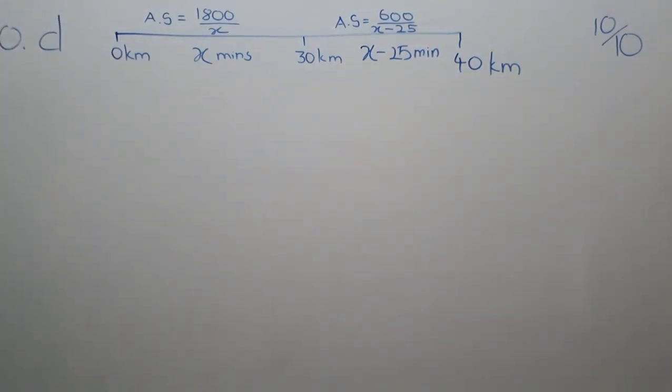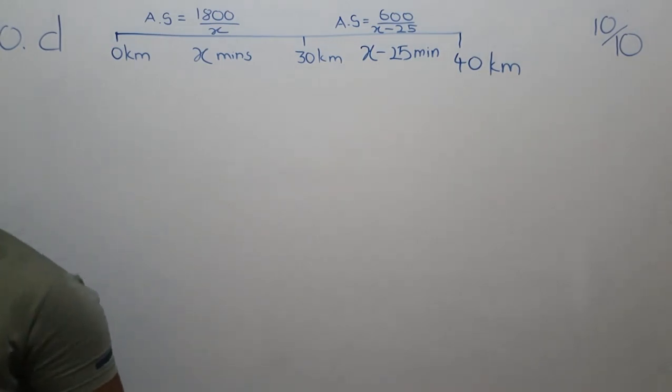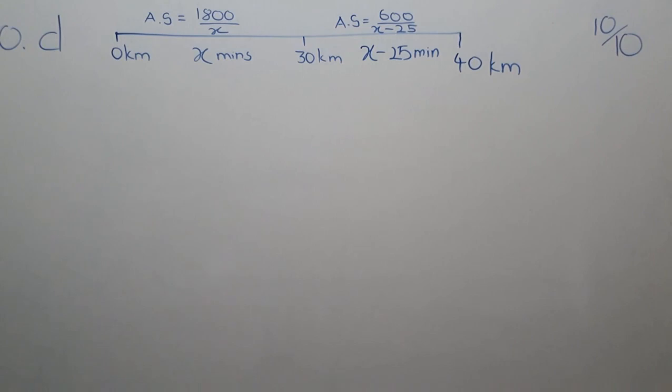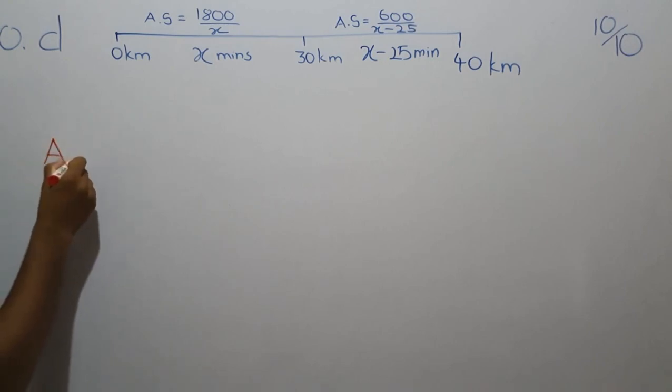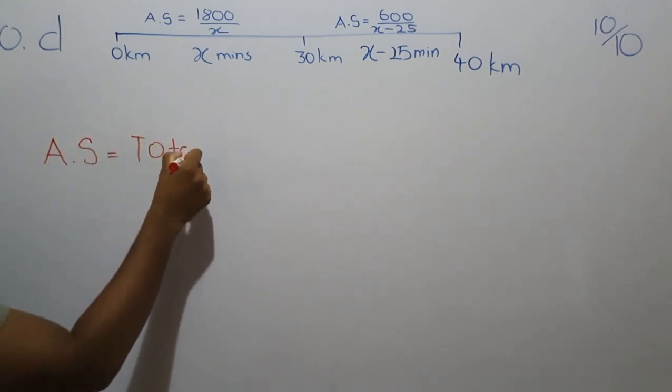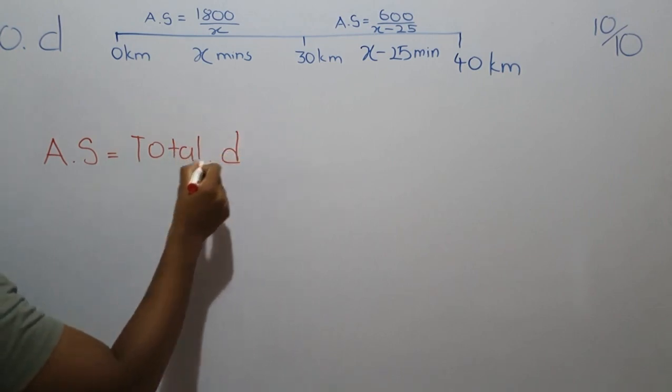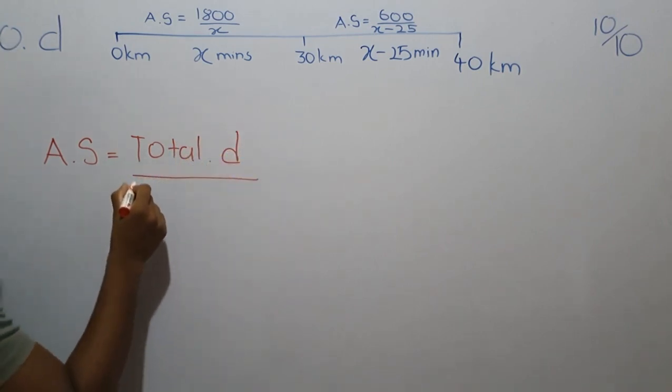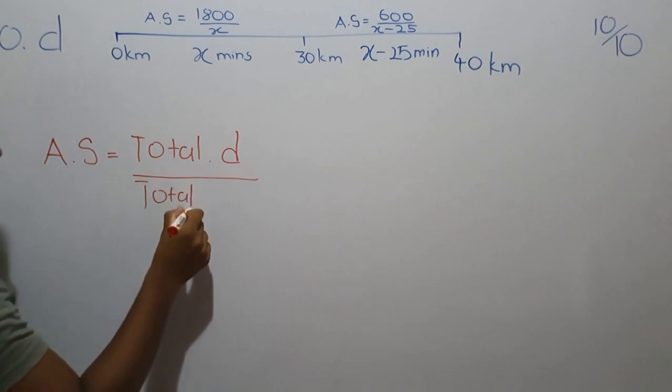Calculate Amira's average speed in kilometers per hour for the whole journey. So to calculate the average speed, you should keep this in mind. Average speed equals total distance divided by total time.